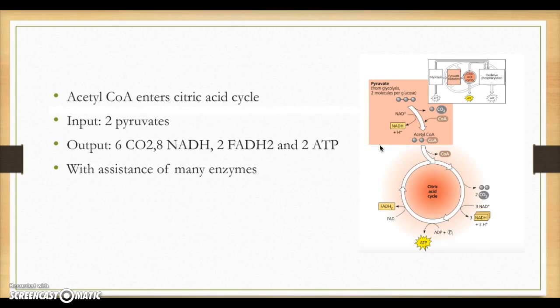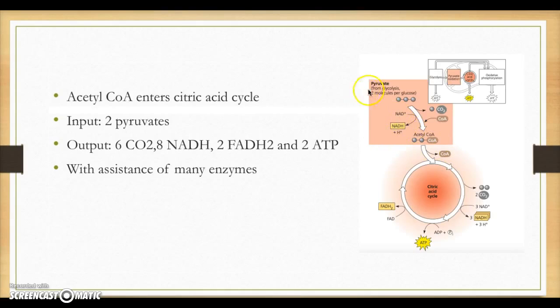And then acetyl-CoA enters the citric acid cycle. You can see it from here. And the input of this reaction is 2 pyruvates, and the output of it is 6 carbon dioxide, 8 NADH, 2 FADH2, and 2 ATP.